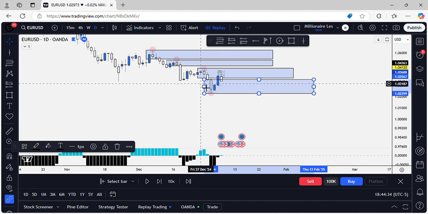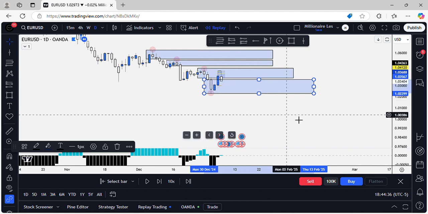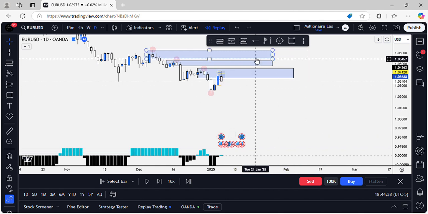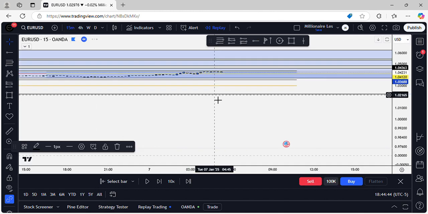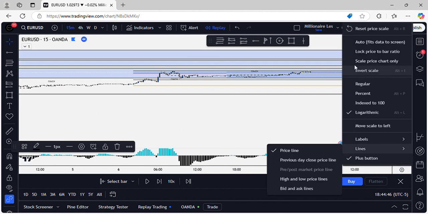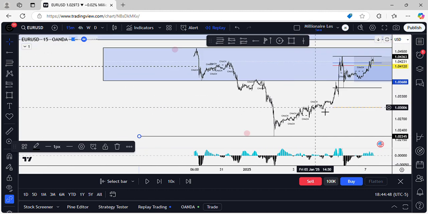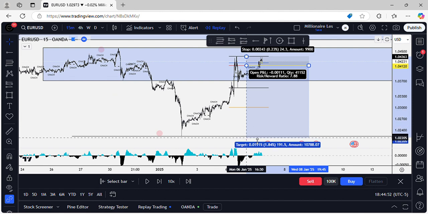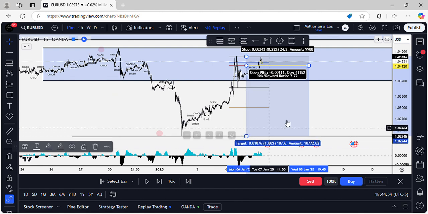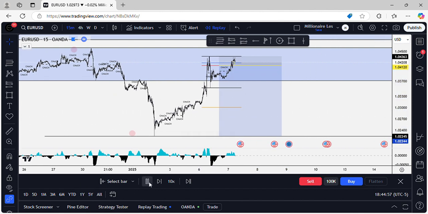It's probably going to be 50% of it, truth be told. But let's just say the target is this low. All right. So now I'm holding and I'm taking partials.